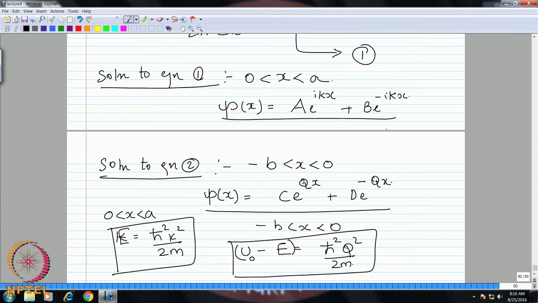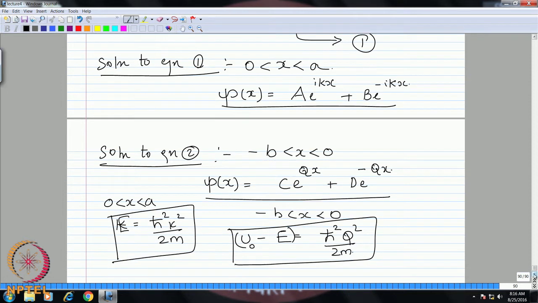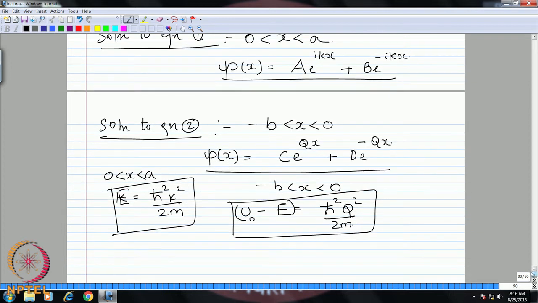Okay. So, now again you have 4 constants and you need 4 conditions to solve. Now, we can apply the continuity of the wave function and its derivative at x equal to 0. x equal to 0 is the point where you have the transition between solution 1 and solution 2.